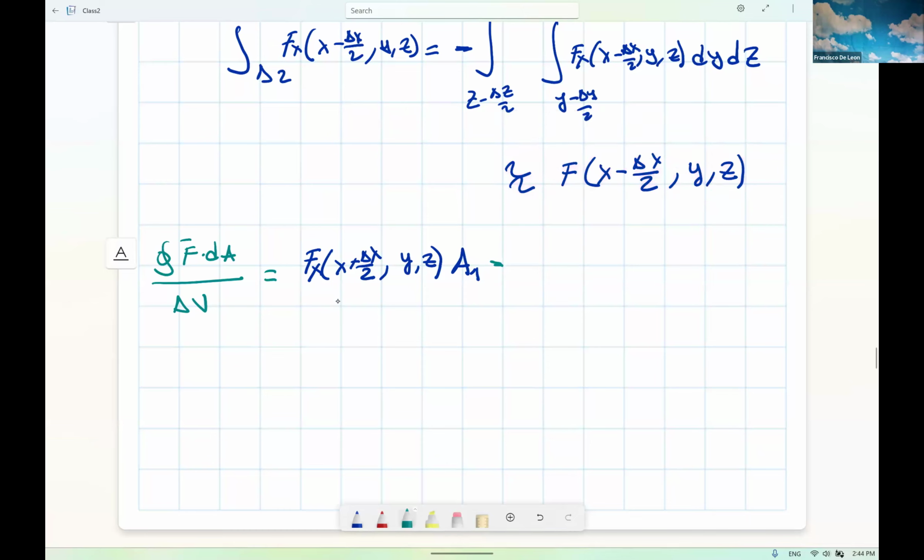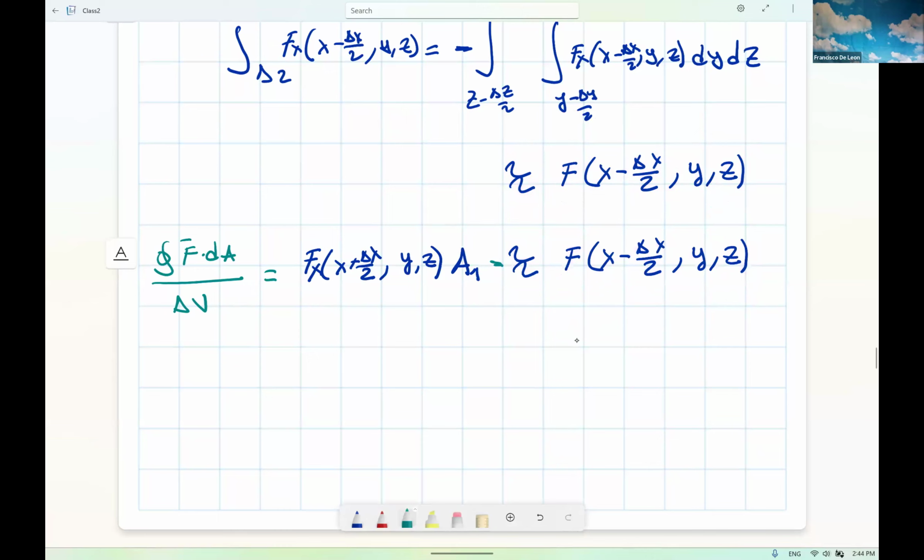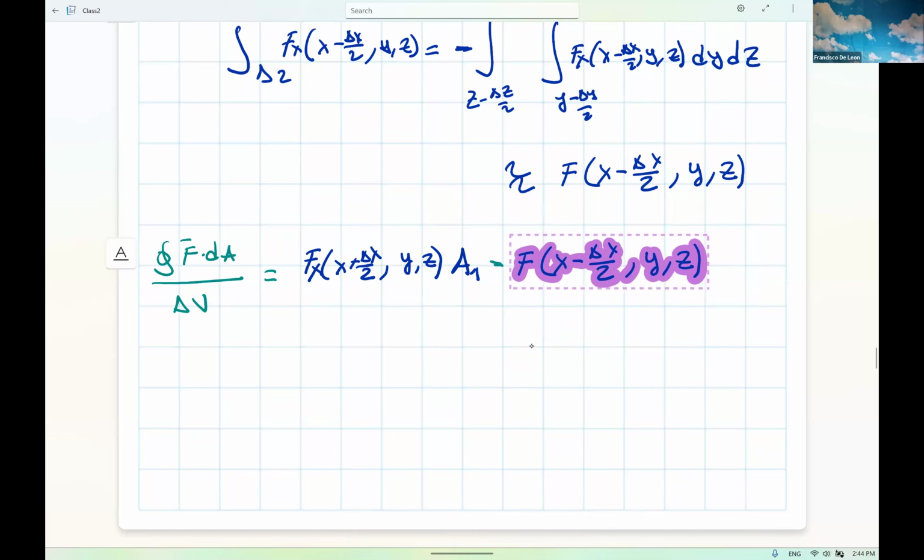Copy. Paste, put it there. Let me delete this, and let me move it a bit closer to here.